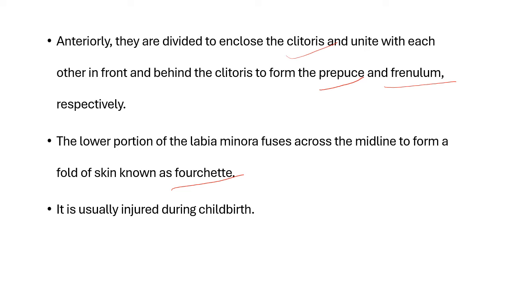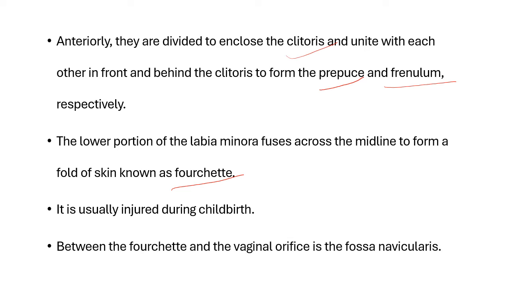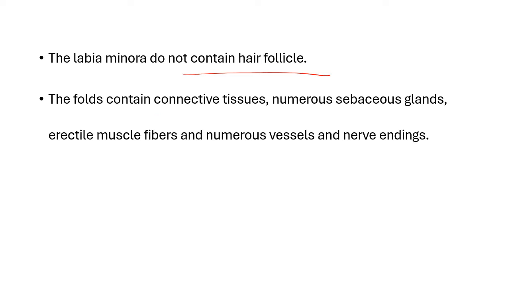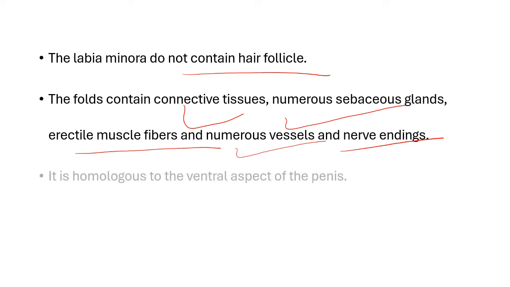It is injured during childbirth. Between the fourchette and the vaginal orifice is the fossa navicularis. The labia minora do not contain hair follicles. The folds contain connective tissue, numerous sebaceous glands, erectile muscle fibers, and numerous vessels and nerve endings. It is homologous to the ventral aspect of the penis.